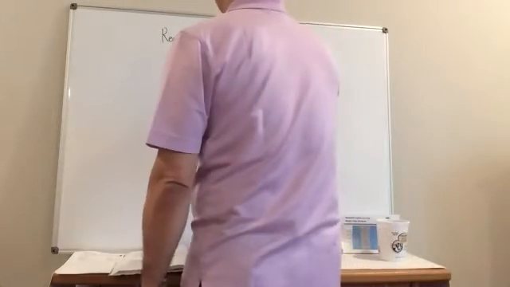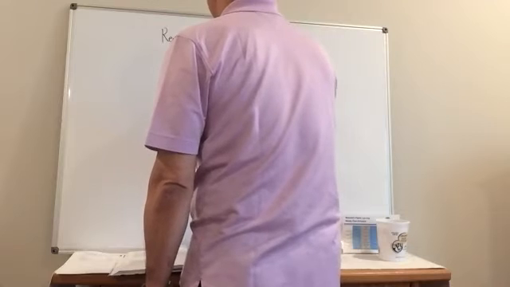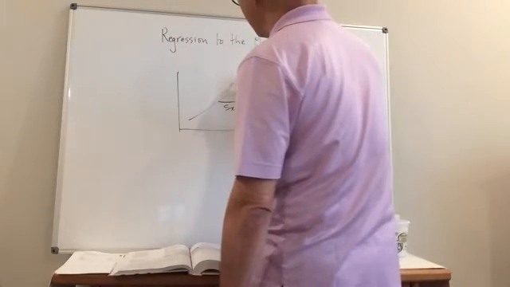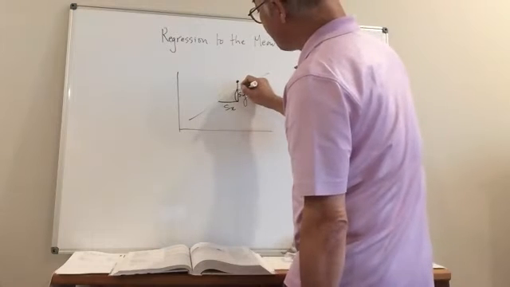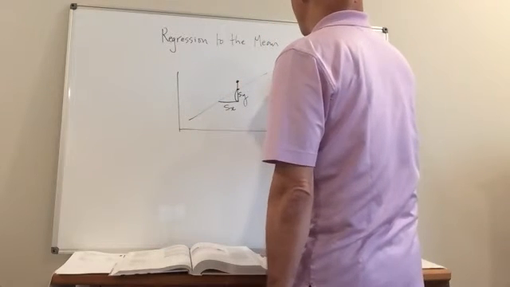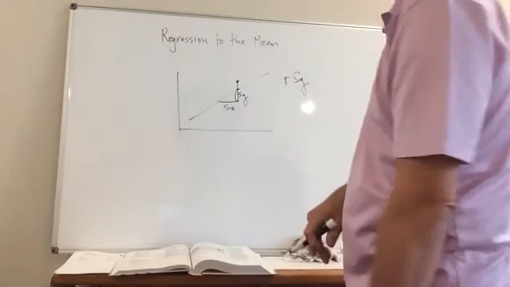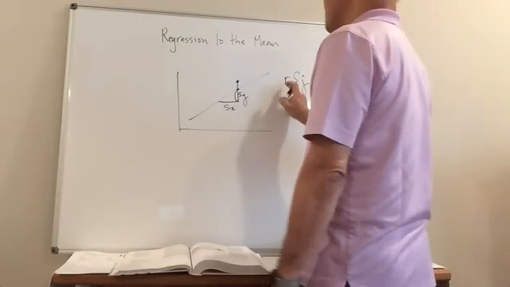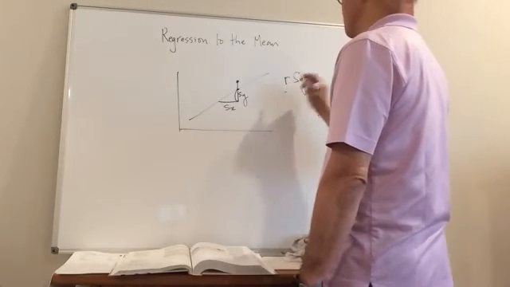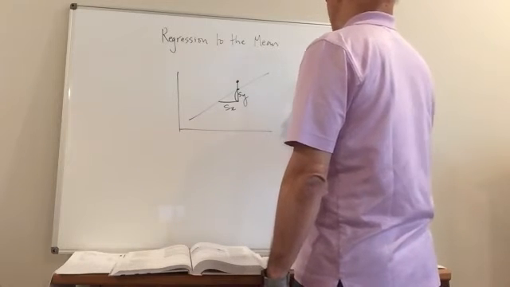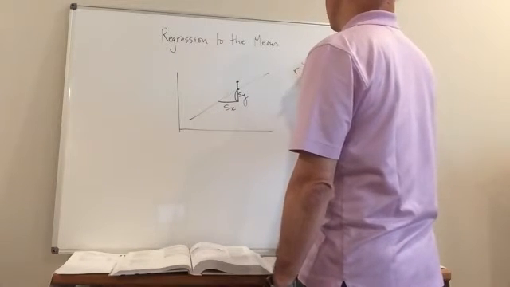It'll go only part way, up to here. In other words, it's going to go r times s sub y, as r is less than 1.